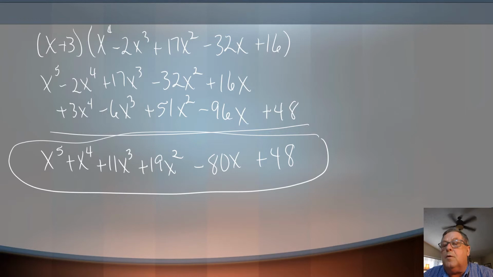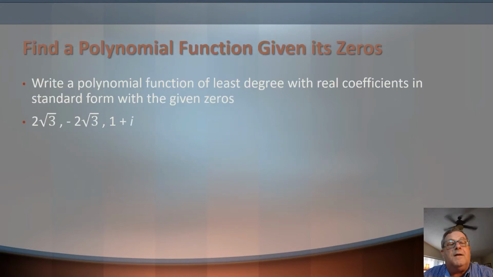I think we should do one more. All right, this time we've got zeros of 2 times the square root of 3, negative 2 times the square root of 3, which, by the way, when we got these square roots, we're going to have pluses and minuses. And then we've got 1 plus i. Well, let's first write this in linear factorization form.